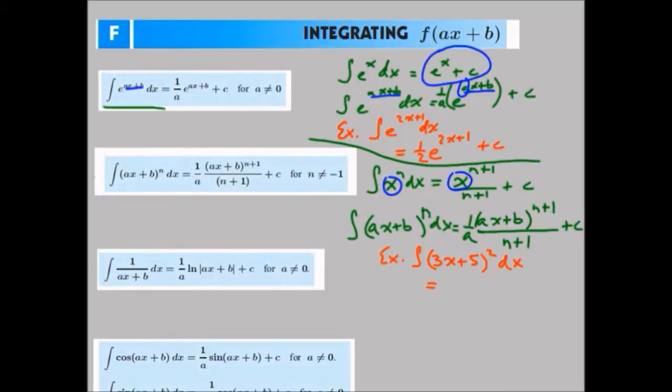Now we have a way of dealing with this. So we would have 3x plus 5, increase the exponent by 1 and divide by that number, but also multiply by 1 over a, and our a value is 3. Constant of integration, so this would be 3x plus 5 cubed all over 9 plus c.